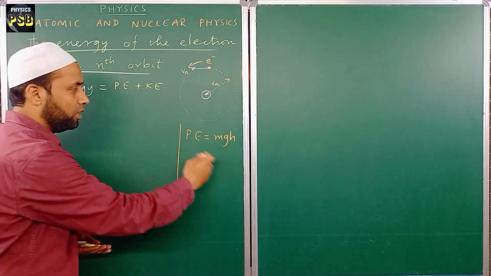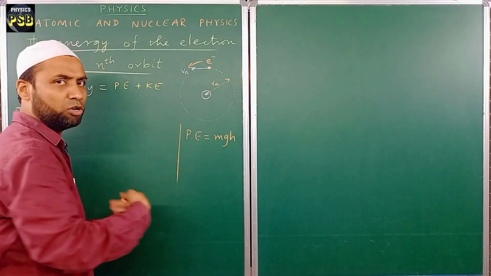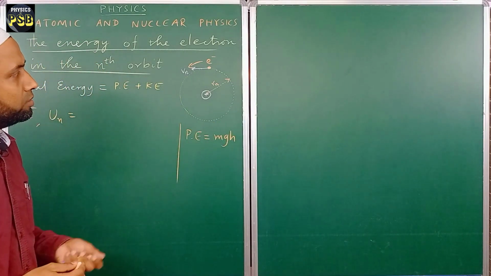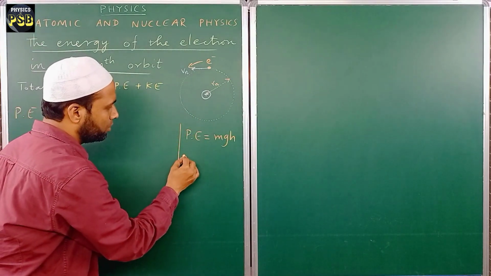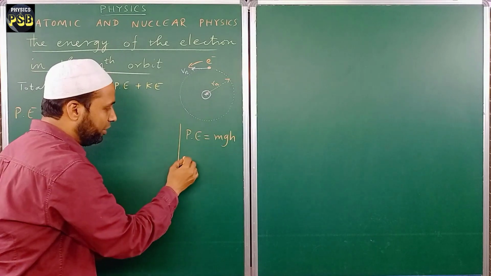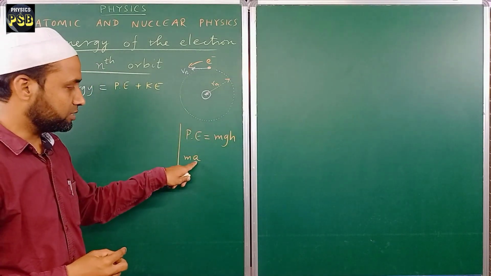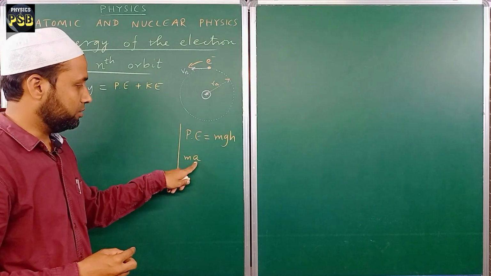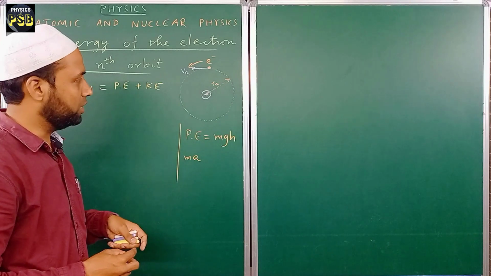Okay, here before doing so, I am going to modify this equation according to the case. Here, instead of g, I write a, which is the acceleration with which electrons are revolving around the nucleus.